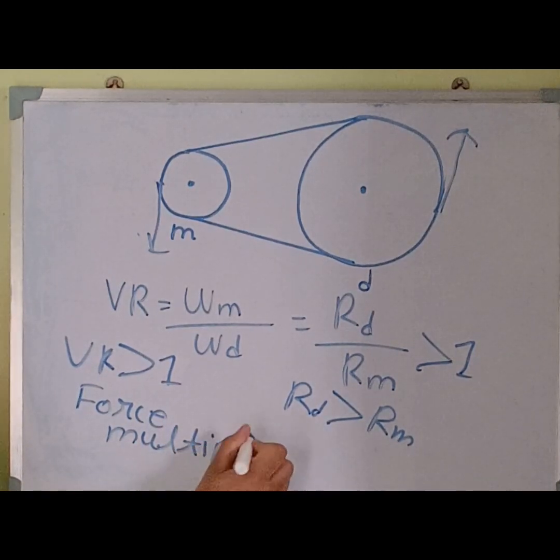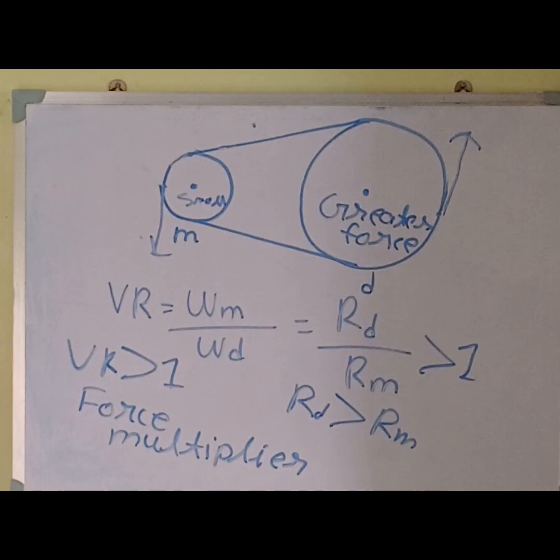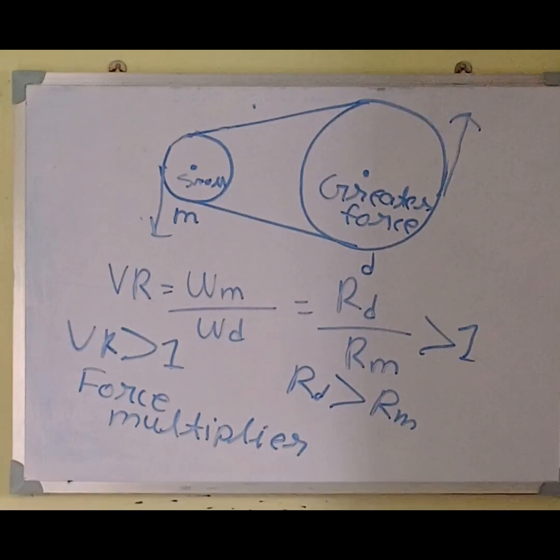That's why we place the smaller wheel as the motor wheel and the bigger wheel as the driving wheel. Because it is a force multiplier, we can apply less force at the motor wheel and lift a heavier amount of water. It might be slow, but still we can lift a heavier amount of water with less force. That's why we have this arrangement here.